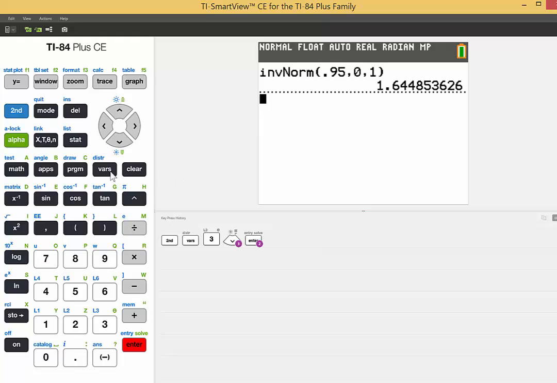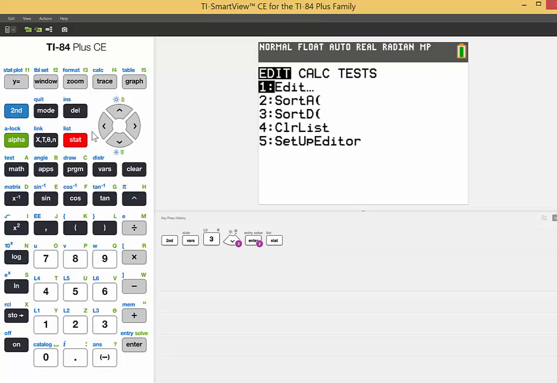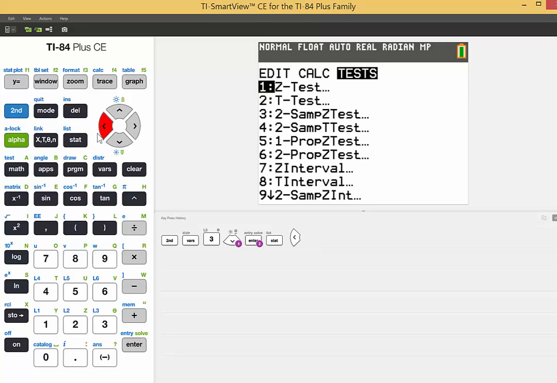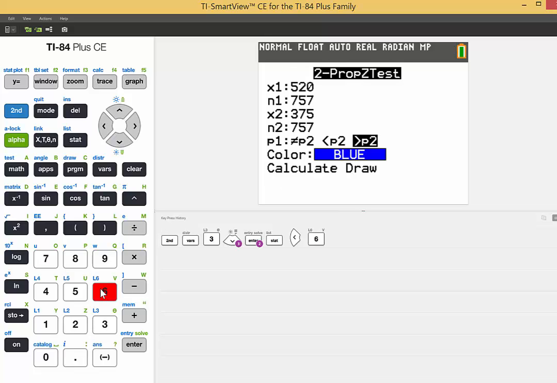We can also use the TI-84 calculator to find our test statistic. If we click Stat and then go to Tests, what we'll want to use is number 6, 2-proportion z-test. Our group 1 had a number of successes of 520 and a number of observations of 757.